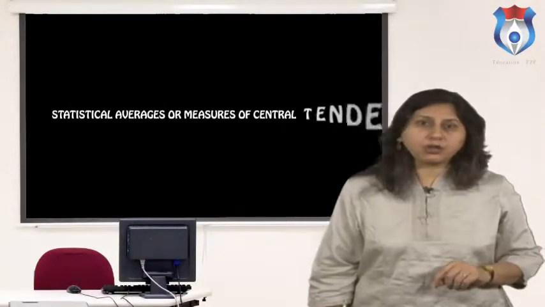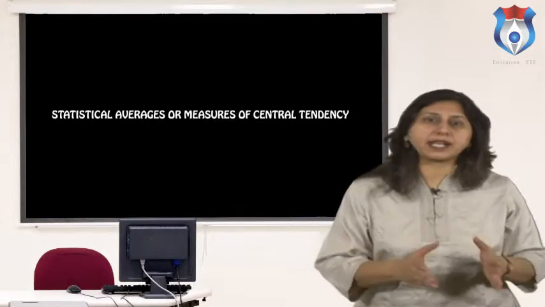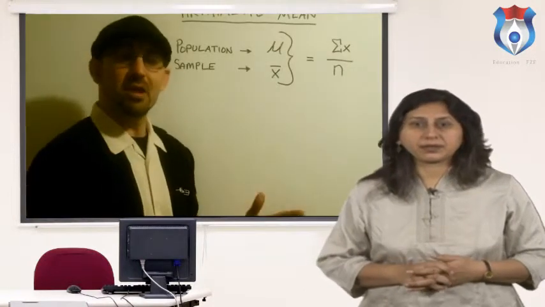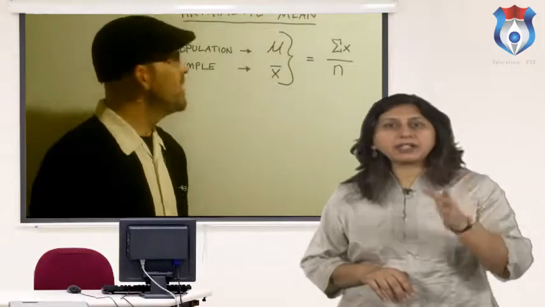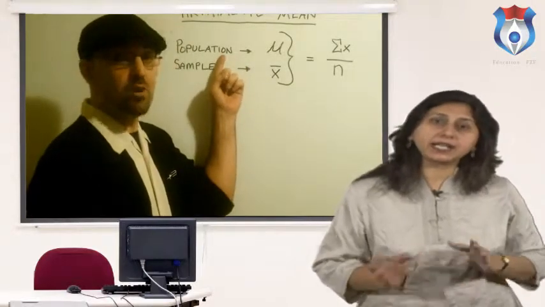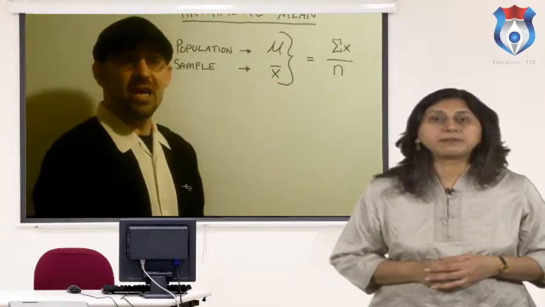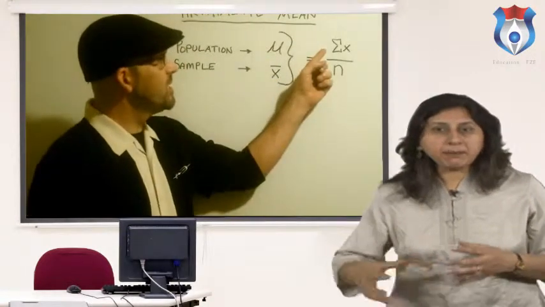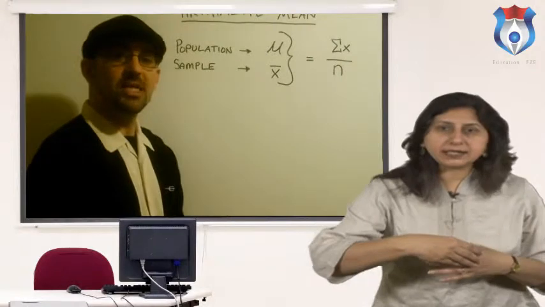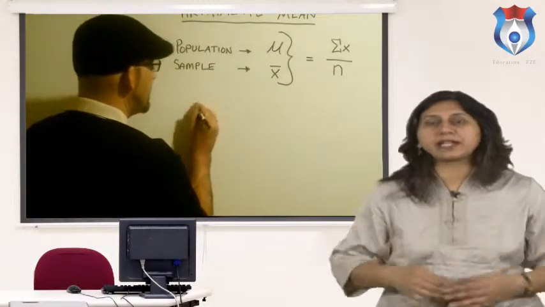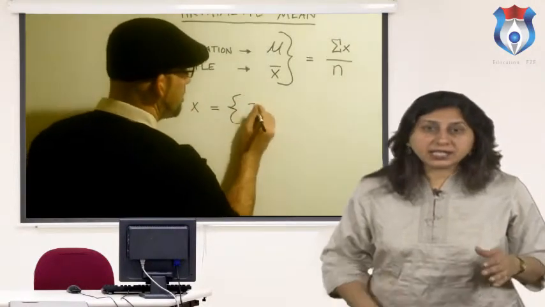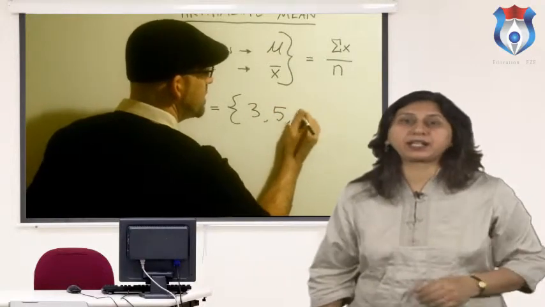Statistical averages or measures of central tendency. Let us see how arithmetic average is calculated in individual series. Arithmetic mean: the sum of all the numbers in a list divided by the number of items in that list. This is Charlier's accuracy check.